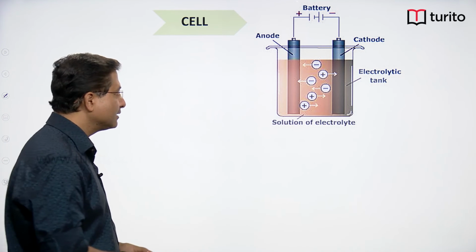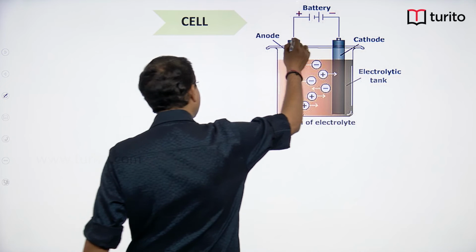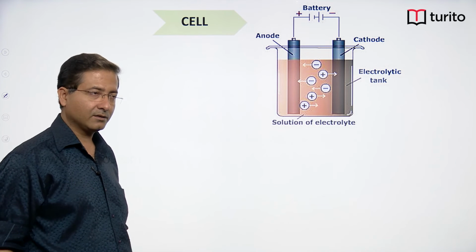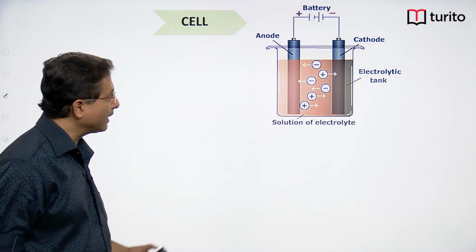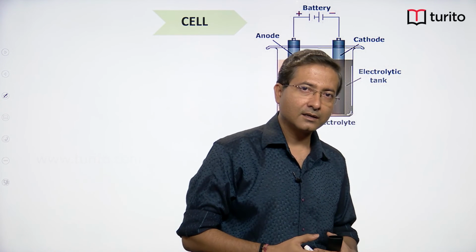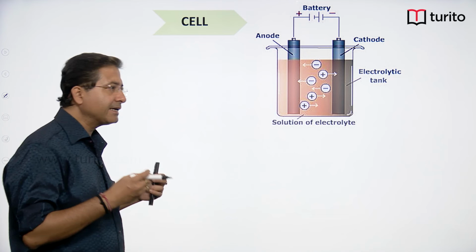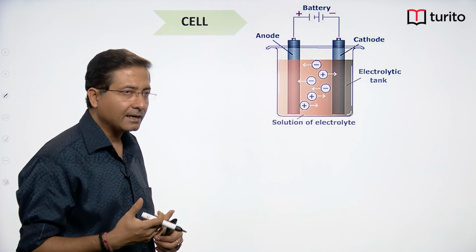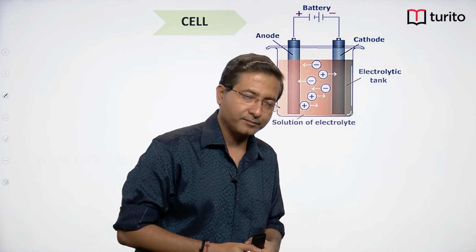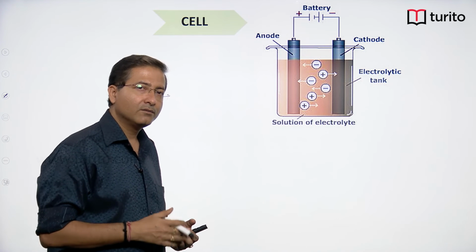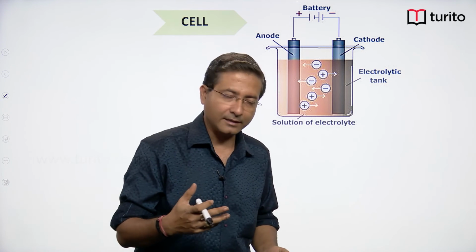So I can say these 2 terminals maintain a constant potential difference when connected to any circuit. Any source maintains a constant potential difference across its terminals and delivers current according to the requirement of the circuit. So depending on the resistance of the circuit, different current will be given to the circuit.